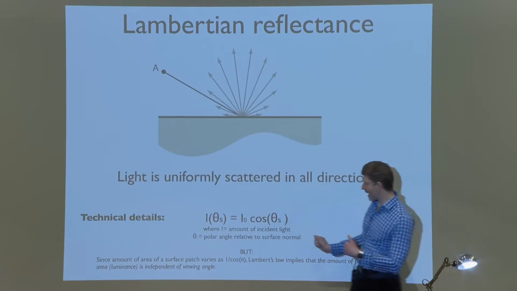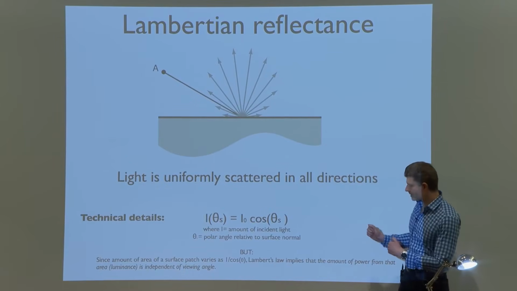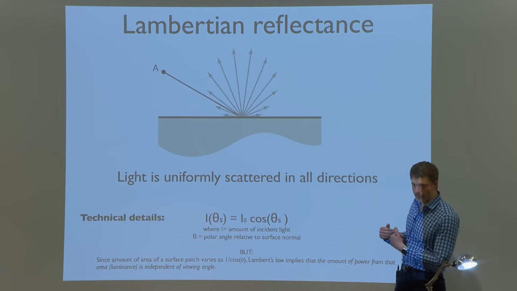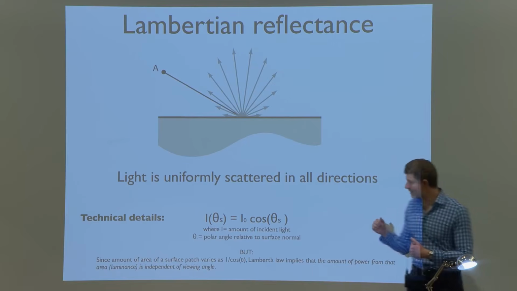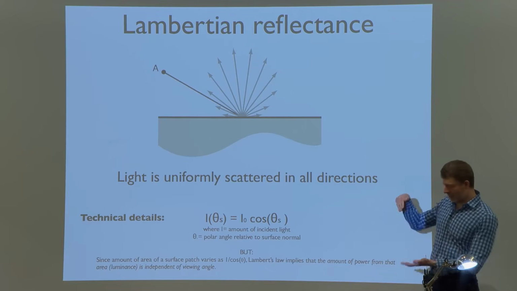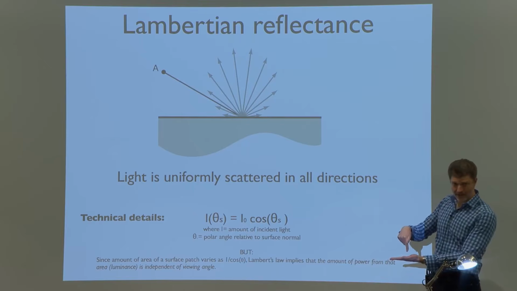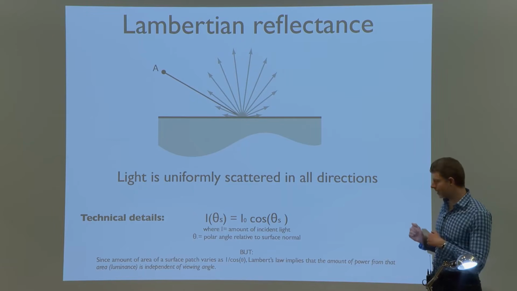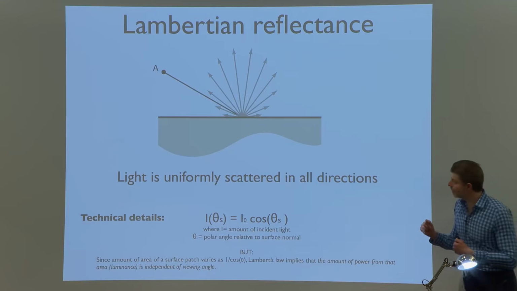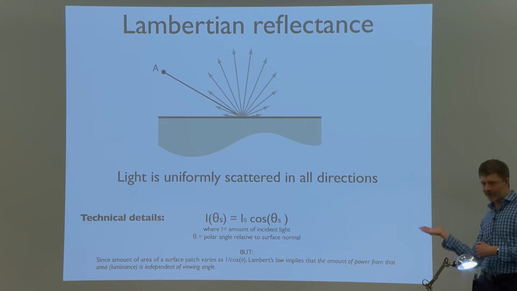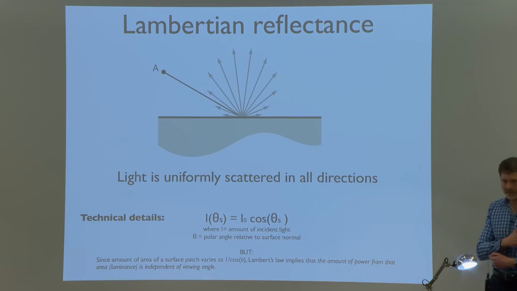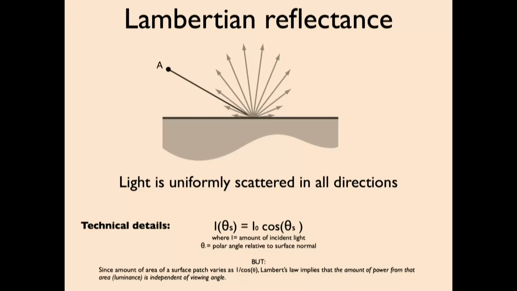Theta is the angle of the illumination relative to the surface normal. What this means is that if the light is directed perpendicular to the surface, a lot of light is scattered, and if it is oblique, less light is scattered. But the key concept is that the light gets scattered uniformly in all directions. That's the definition of a Lambertian surface or material.